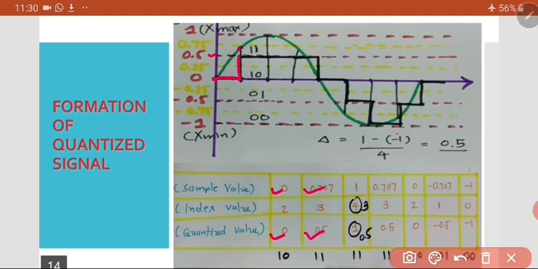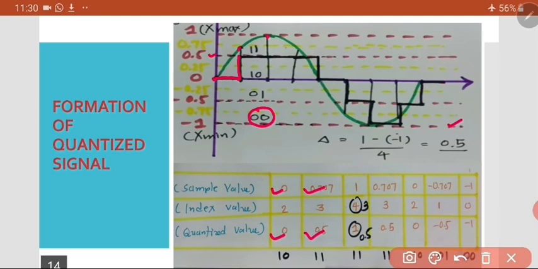Then after that we can see at the magnitude 1 we have the two values 4 and 1. But at that magnitude 1, we don't have any quantized level, because we just take 2-bit data over there, so we just have four quantized levels, that is level number 1, 2, 3 and 4. Those four levels go up to the 0.5 quantized value only.